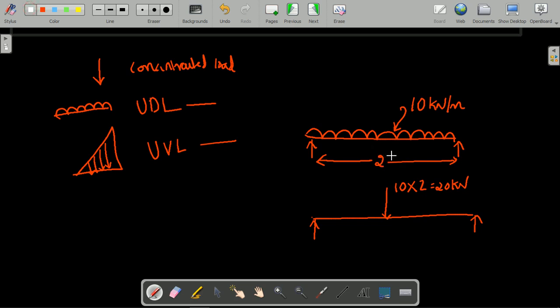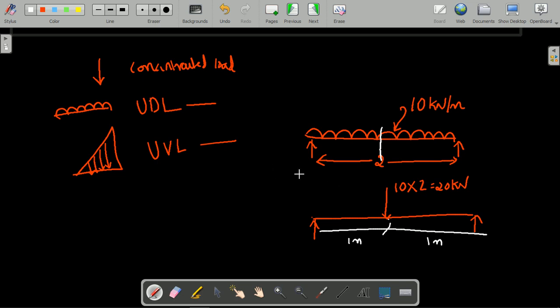With a 2 meter span, the center is at 1 meter, so exactly at 1 meter of distance your converted concentrated load is acting. This is the conversion of UDL into the point load. If UDL is given in the problem, you multiply the magnitude by the span where it is acting, and the point of application is exactly at the center of the span where the UDL is acting.